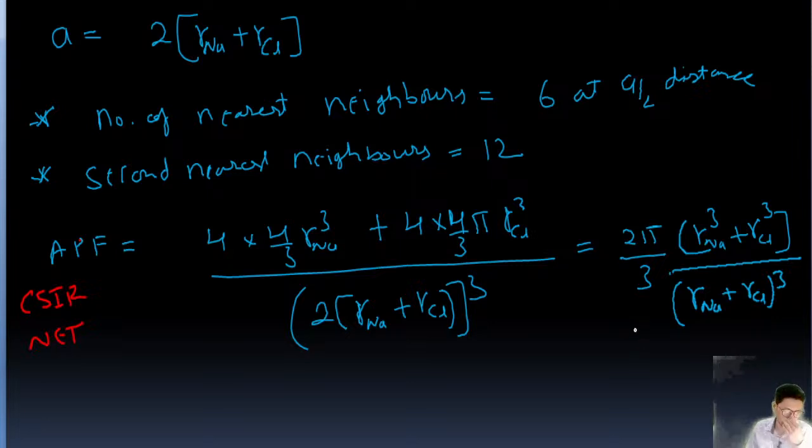So this is the answer. So 2 pi by 3 into RNa cube plus RCl cube upon RNa plus RCl whole cube. So this is the formula, guys, and this question is asked in the CSIR NET exam.